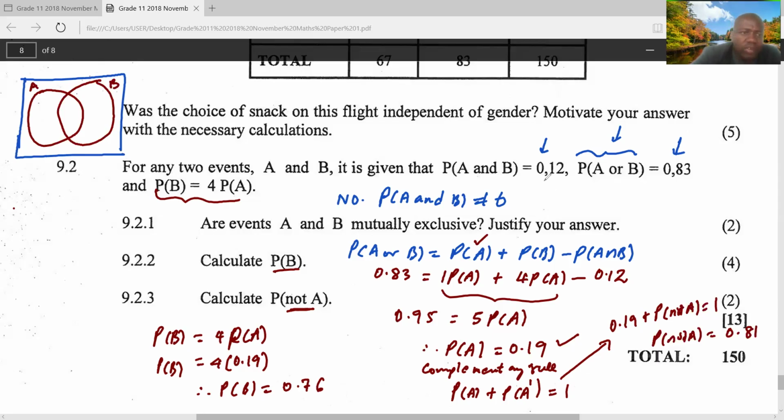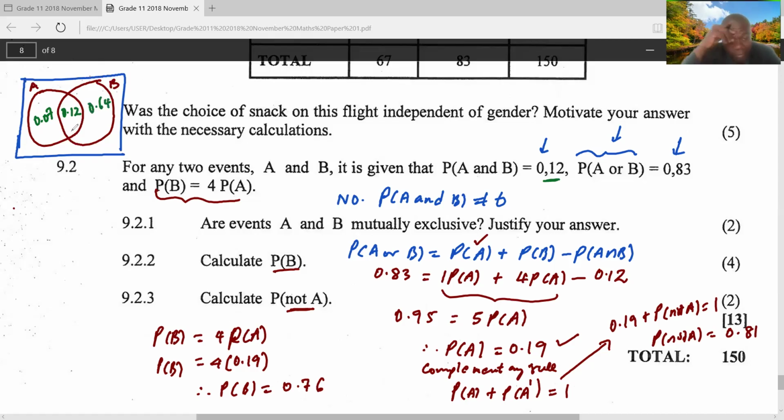It's 0.12, so you put 0.12. What is the probability of A? The probability of A altogether is 0.19, so 0.19 minus 0.12 means A only would be 0.07. And the probability of B is 0.76, so 0.76 minus 0.12 will be 0.64.